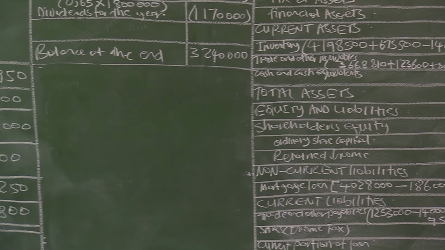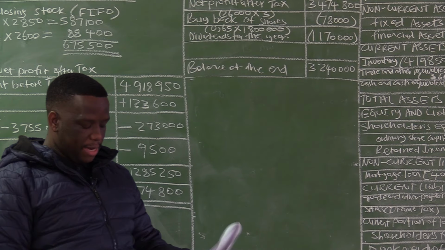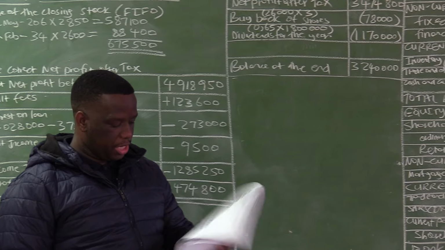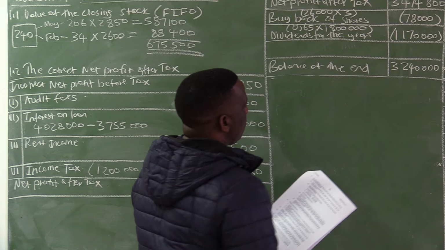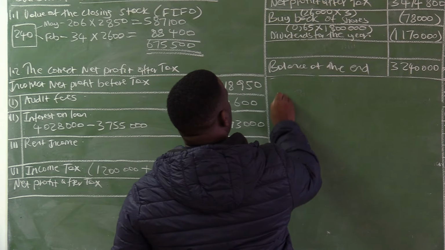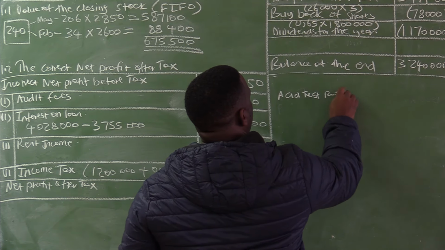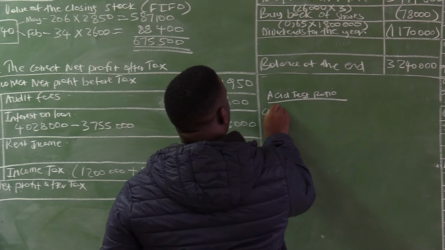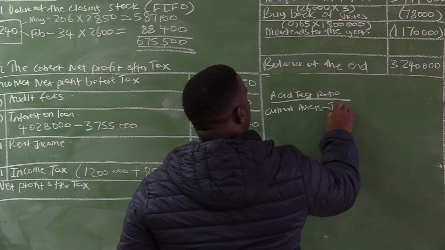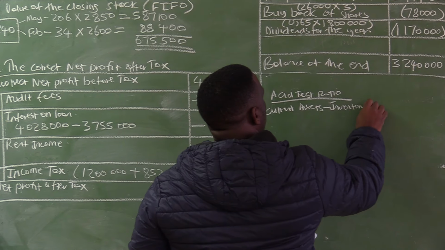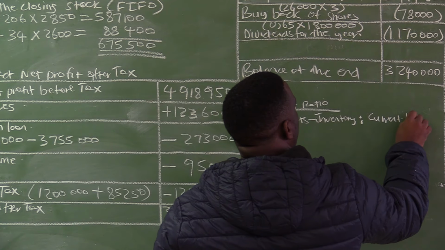Right, let's start with the financial indicators. We want to solve the missing amounts using the financial indicators on information H. Let's start with the acid test ratio. The formula is current assets minus inventory is to current liabilities.